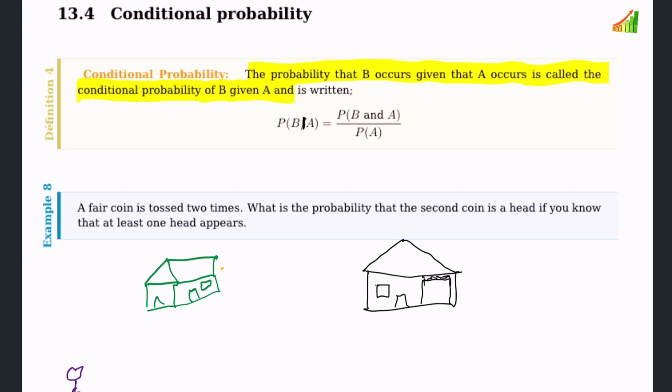The probability that B occurs given that A occurs is called the conditional probability of B given A. And we can write this: probability of B given A equals probability of B and A divided by probability of A. Let me write this down again.